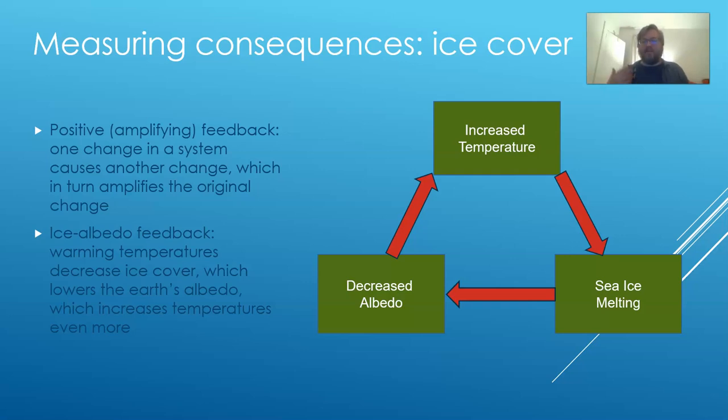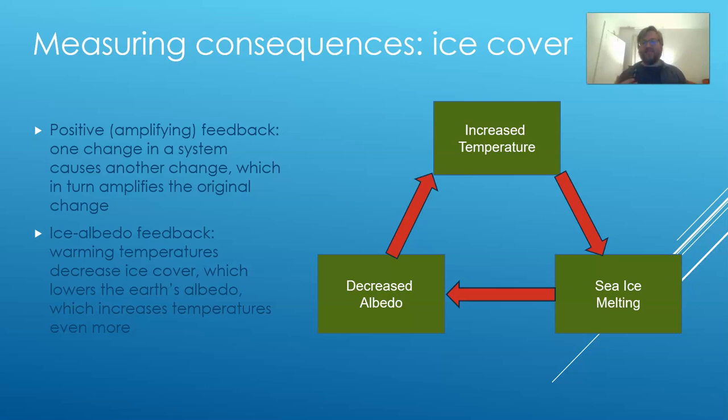But all a positive feedback means is it's a feedback that amplifies its own effect, that you have a change in a system that causes another change, and that change increases the first change. So it spirals on itself and gets bigger and bigger. So a positive feedback is just one that increases the original change. That may be good or bad for us depending on the nature of the change.